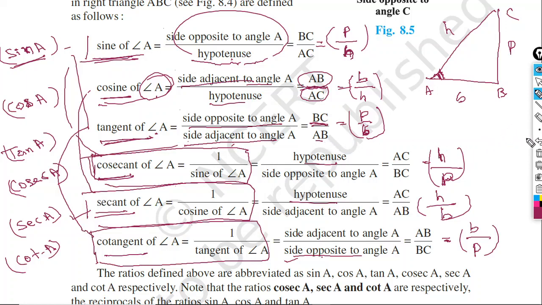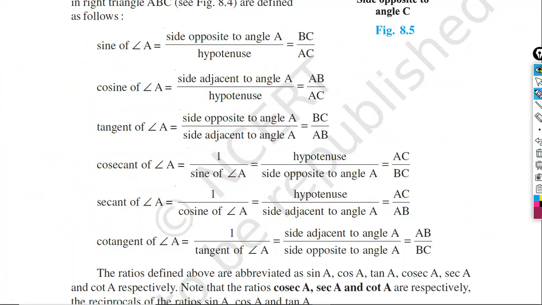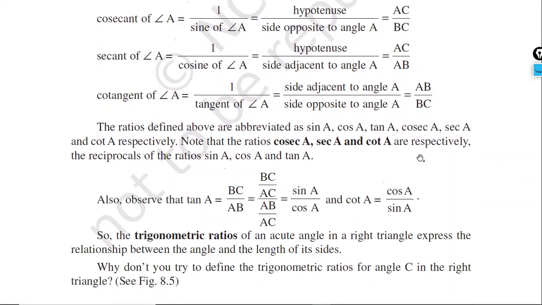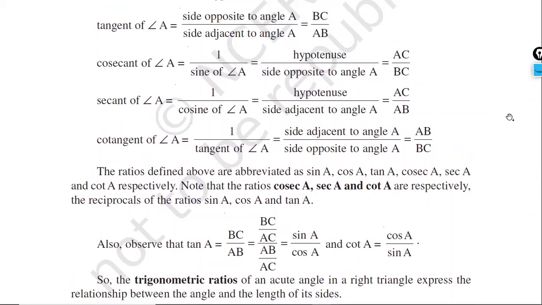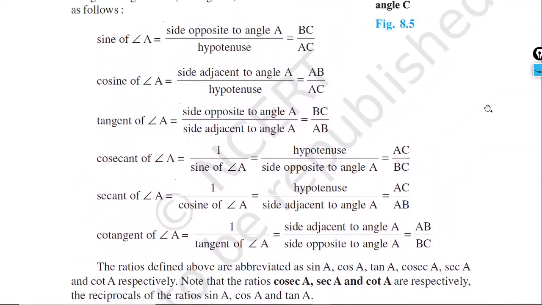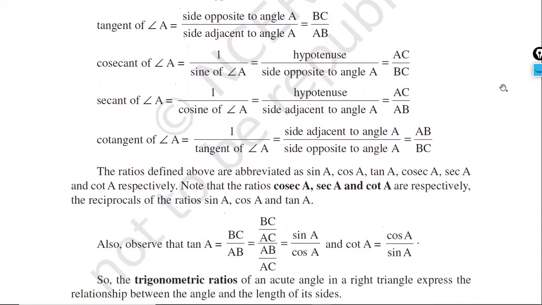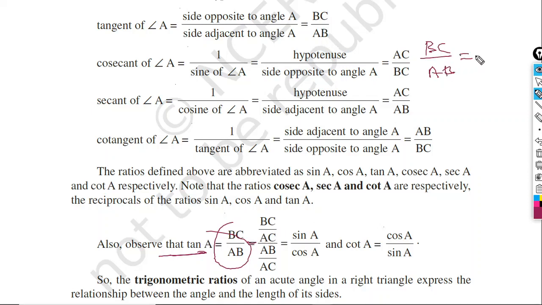Now we will move to the next part. Let's see what is next. Okay, another formula, yes. Now just look at it. You see here, tan A equal to BC by AB. We can write BC by AB as BC by AC divided by AB by AC.